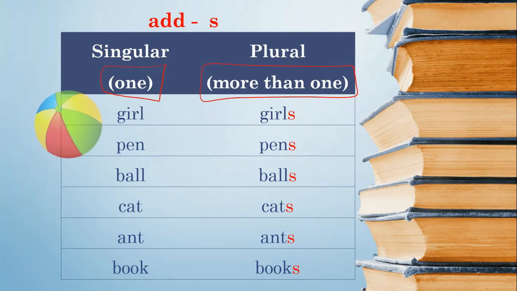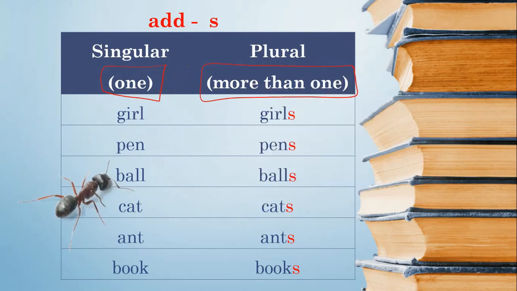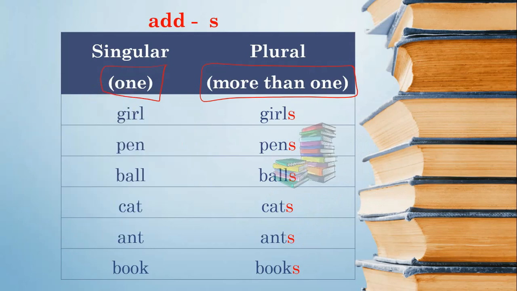Ball, balls. Cat, cats. Ant, ants, a lot of ants. Book, books.